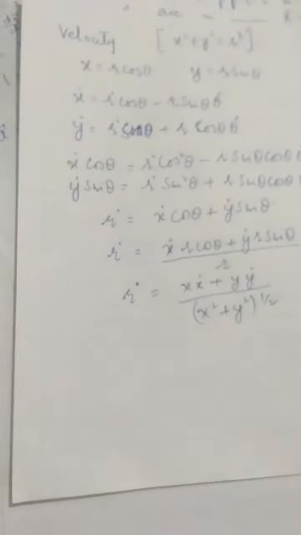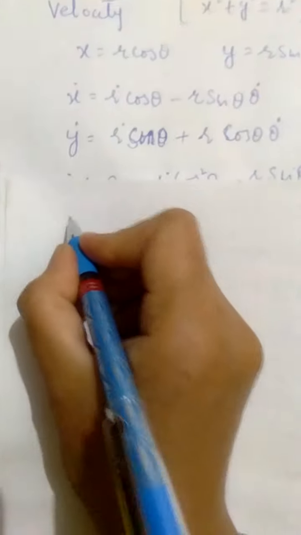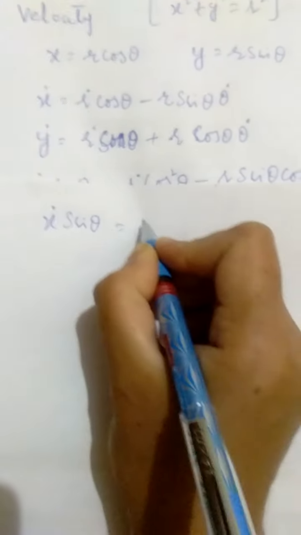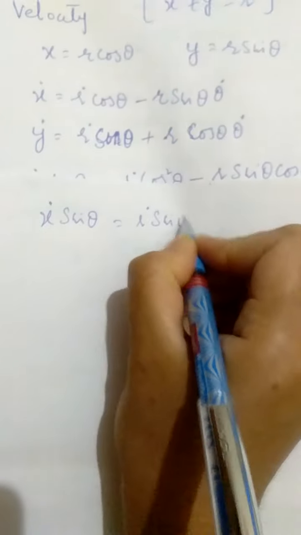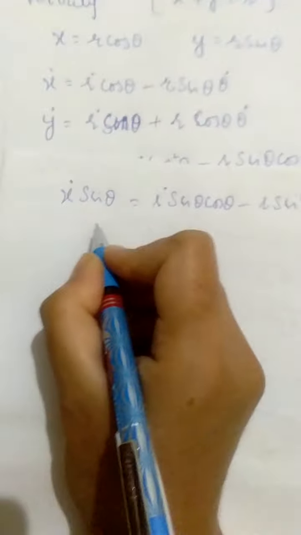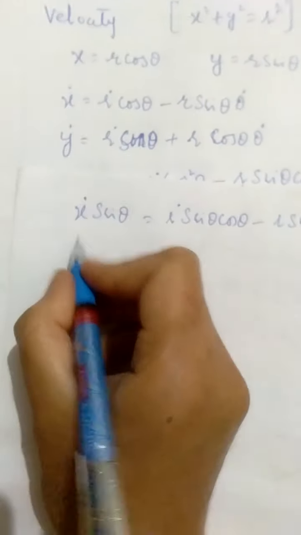So we multiply this equation by sine theta. So x dot sine theta is equal to r dot sine theta cos theta minus r sine square theta theta dot, and then multiply this equation by cos theta.